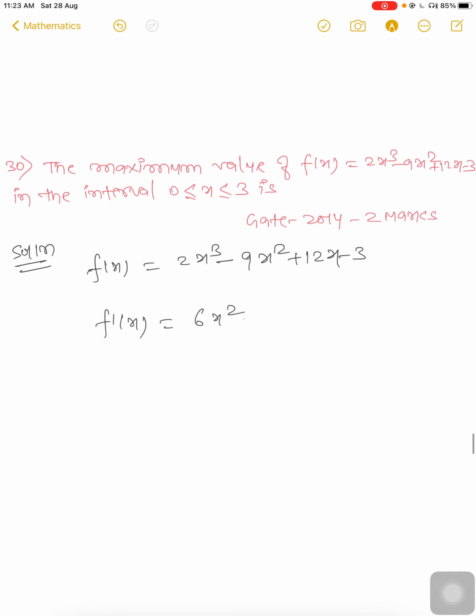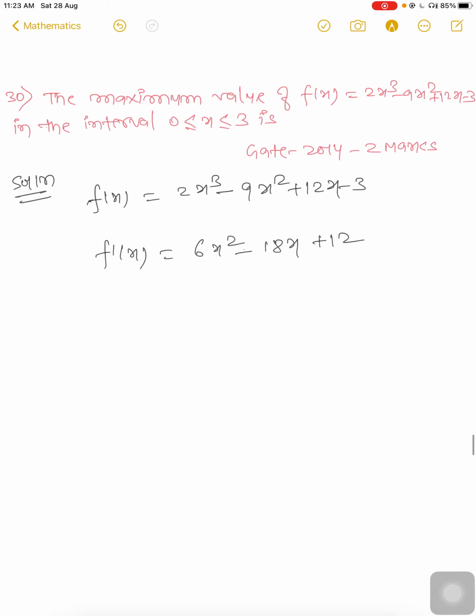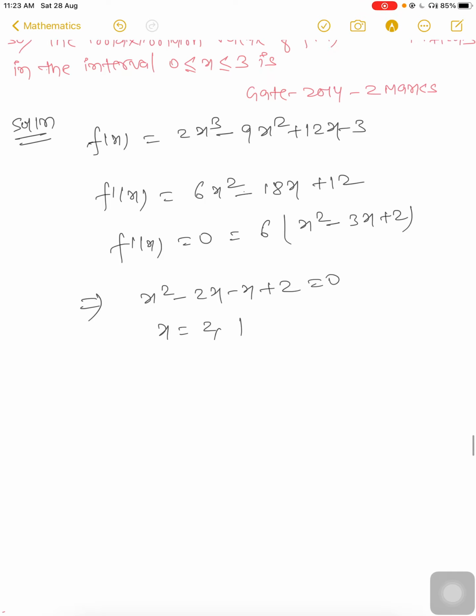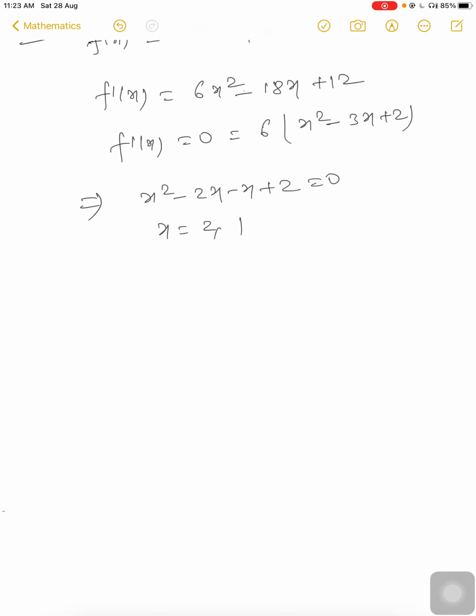So f'(x) = 6x^2 - 18x + 12. Put f'(x) = 0 and take 6 common: x^2 - 3x + 2, so x^2 - 2x - x + 2 = 0. So x = 2 or 1.